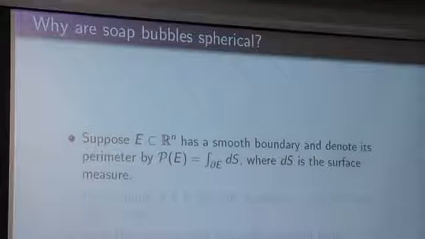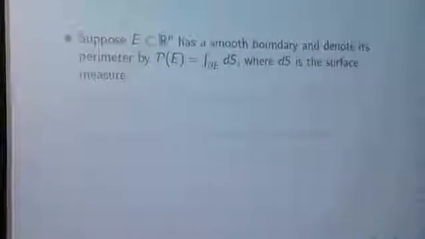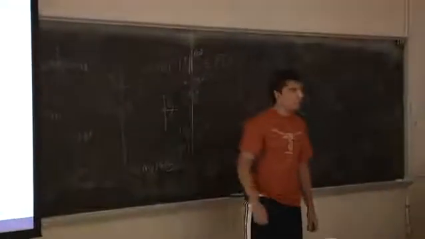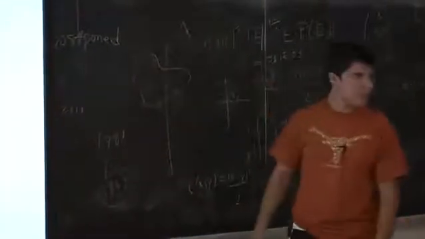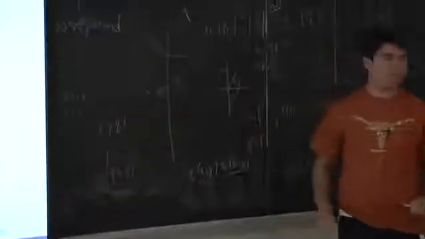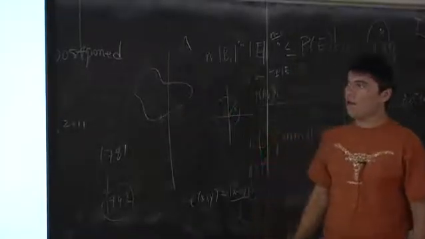Okay, so suppose that E is just a set. Let's assume that the boundary is smooth, meaning that it looks kind of like this. It doesn't have sharp corners, although this is not really an issue. But for the purpose of this talk, let's just assume that it's got a smooth boundary.